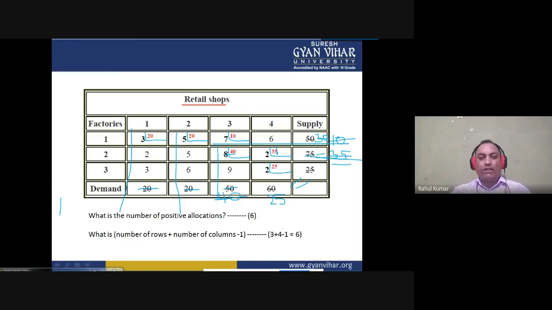So the minimum cost for this question is 670. So this is the answer of this question, right? Then move to the next problem.